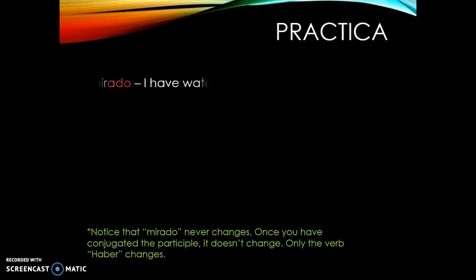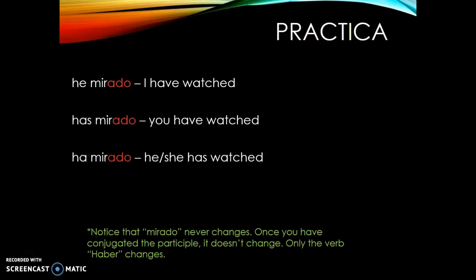So let's do another one. Mirar, we're going to take the verb mirar, which means to watch or to look at. Let's say I have watched. He mirado. It's an AR verb, so the participle is ado, A-D-O. He mirado. Has mirado. Ha mirado.